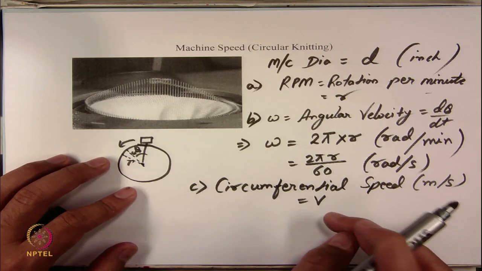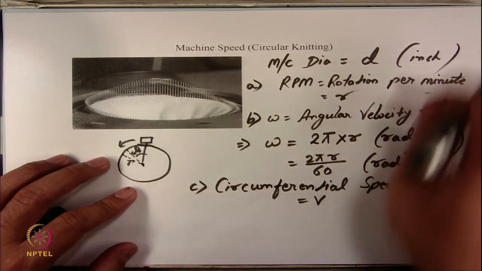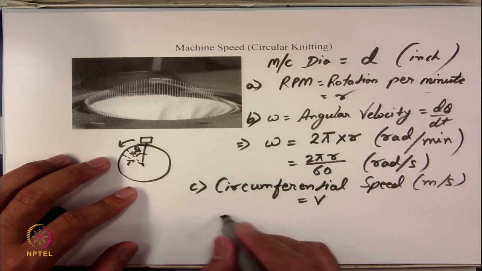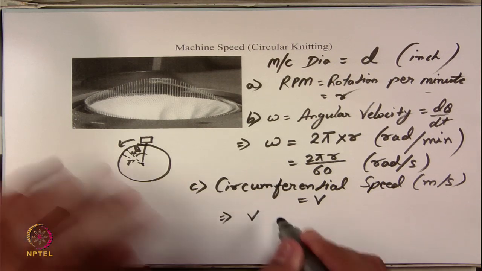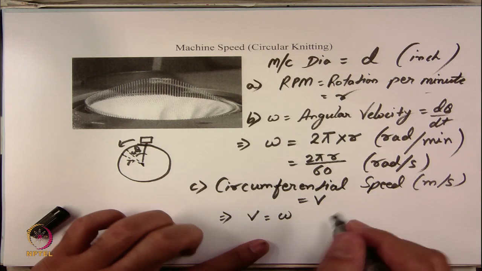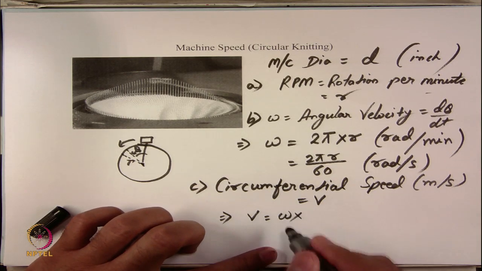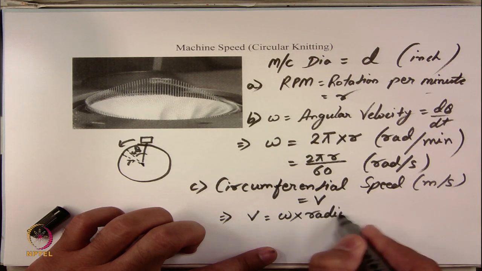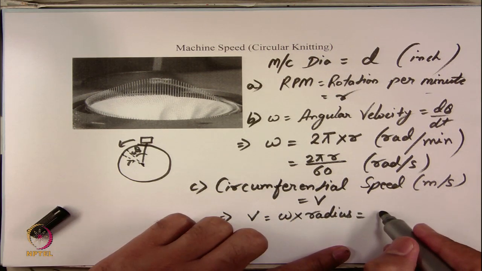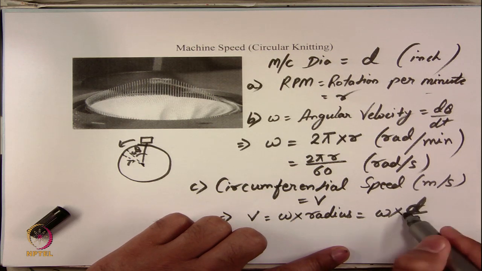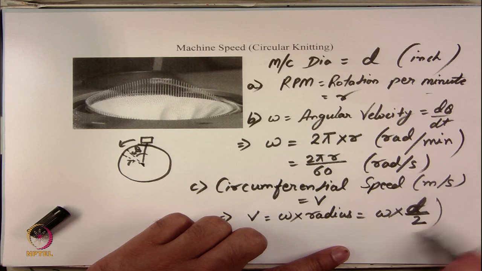If you want to connect velocity, diameter and rotation RPM, the relation is V is equal to omega into radius, and radius is nothing but d by 2, because the diameter is known to us. So, V equals omega into d by 2.